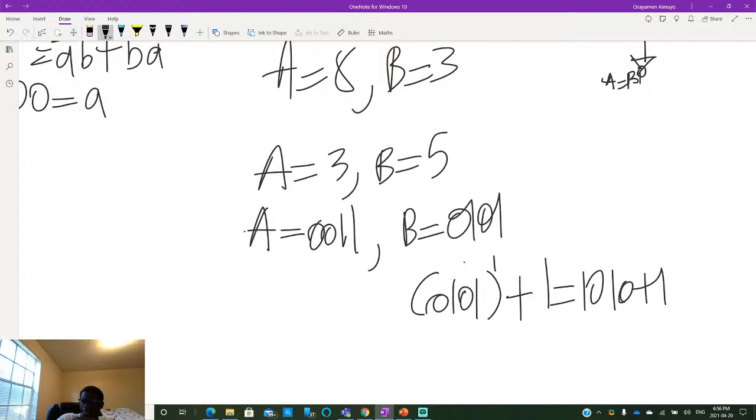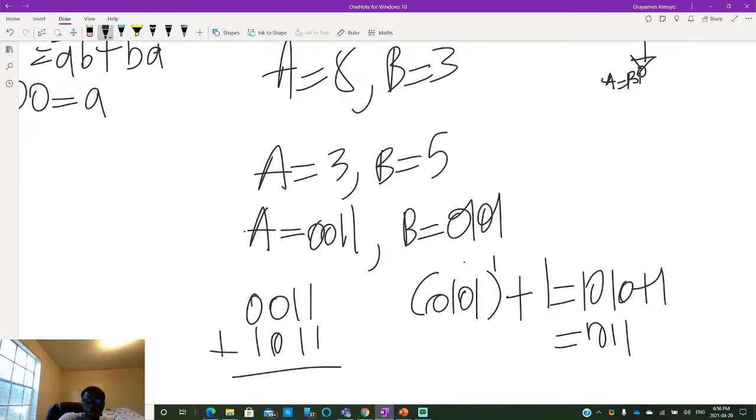So you just flip them and add 1, giving 1011. Let's add: 0011 plus 1011. So we have 1 here, 1 here, and then 1. And guess what? The carry is 0.